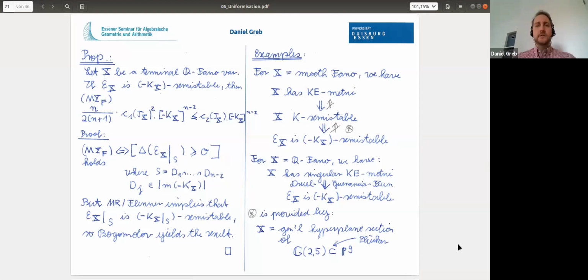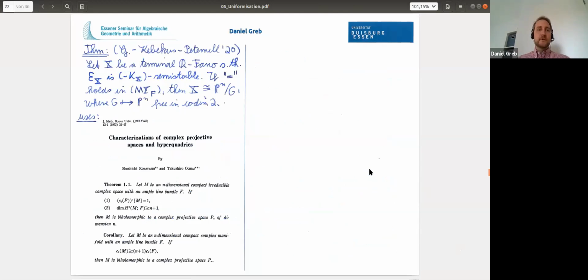the proposition says that if Ex is minus Kx semi-stable, then the Miyaoka-Yau inequality holds. I'm interested in the boundary case, and that's the following theorem due to myself, Claudon, Kebekus, and Peternell in this new preprint.